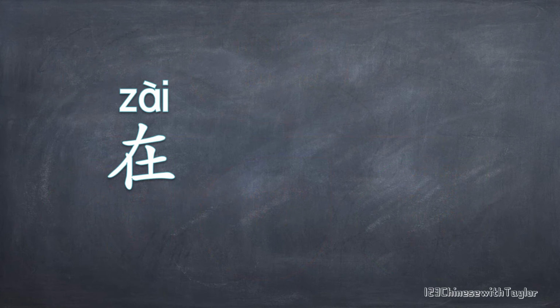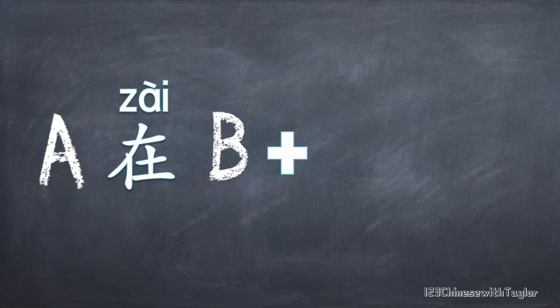It's very important in general in Chinese. So the sentence structure today is A 在 B plus the word we just learned. For example, A 在 B 上面 means A is on B or A is on top of B.